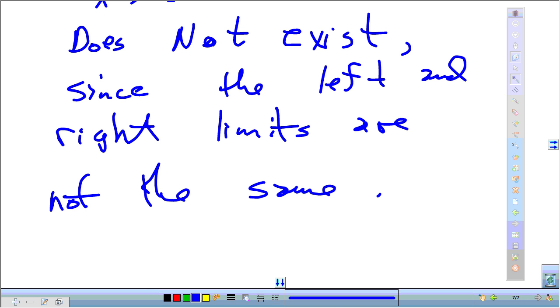If they happen to be the same infinity, either a plus or a minus, then that would also be the limit.